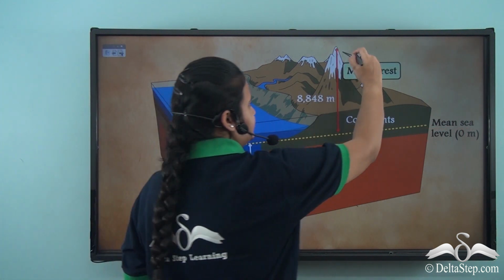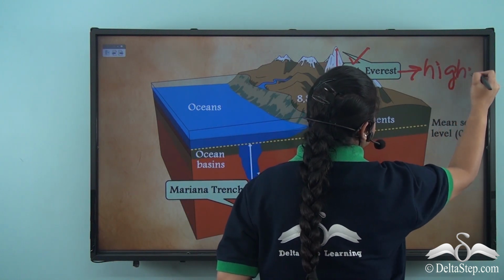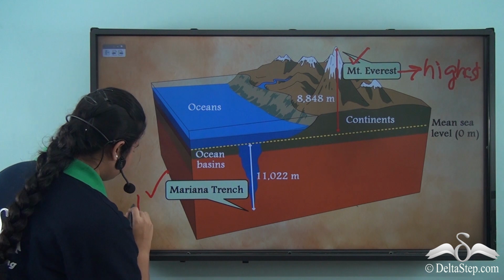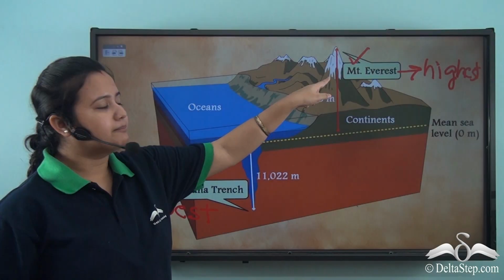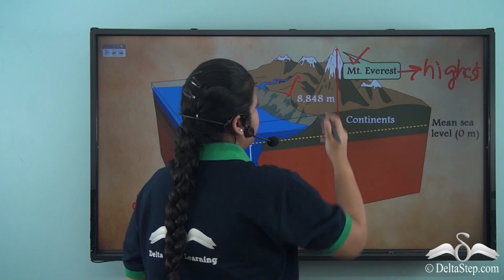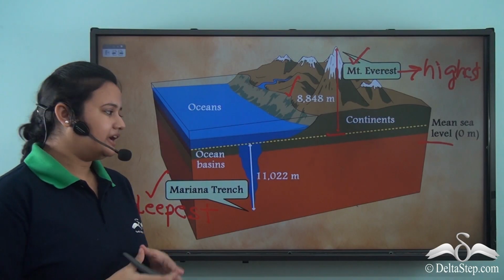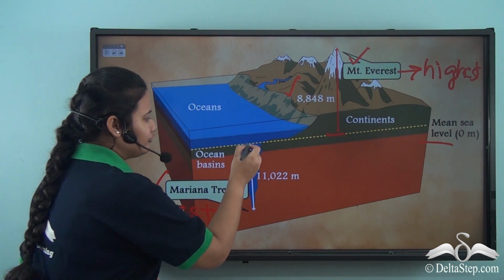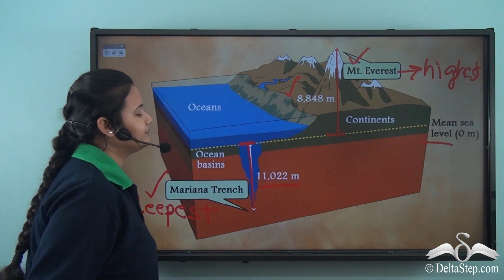Well, Mount Everest is the highest point of the Earth's surface, whereas Mariana Trench is the deepest point of the Earth's surface. The Mount Everest lies at an altitude of 8,848 meters above the sea level, whereas Mariana Trench, which is the deepest point on the Earth's surface, lies at a depth of 11,022 meters below the mean sea level.